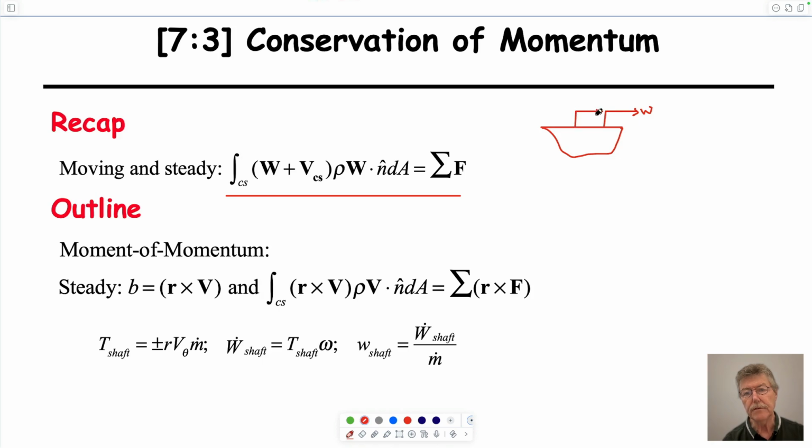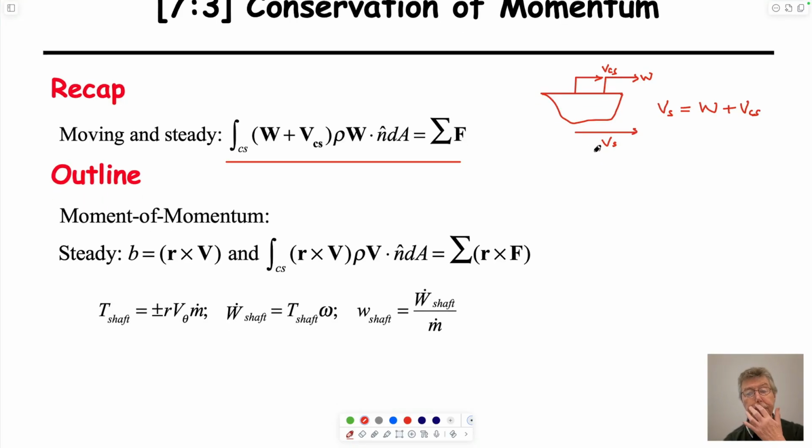We can take the velocities of the control surface and a static velocity, and we know that the static velocity is equal to the vector sum of the water coming out of the hose and the velocity of the boat. The boat's not deforming, so everywhere around this boundary is the same control surface velocity.